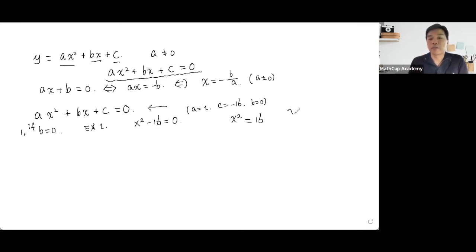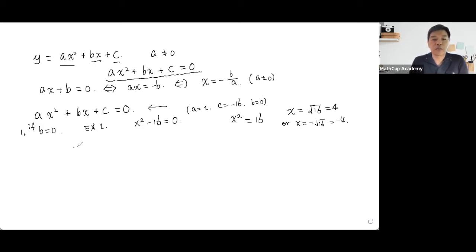So x is going to equal either the positive square root of 16, which is 4, or x equals negative square root of 16, which is negative 4. So you see, when b equals 0, we basically know how to solve this because this is just taking the square root of the constant.